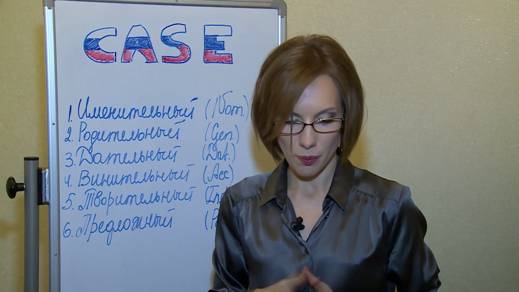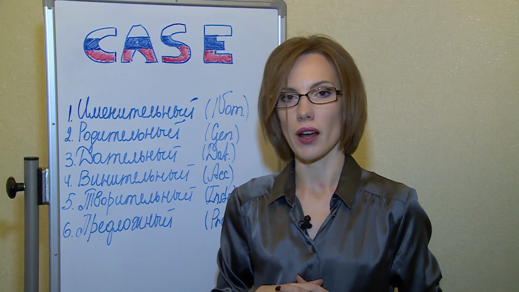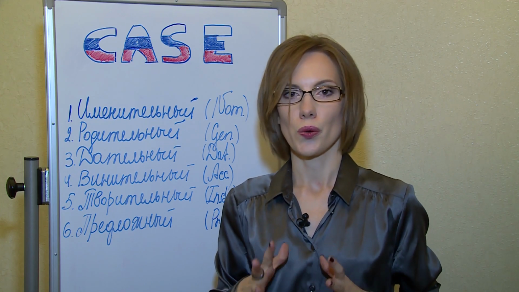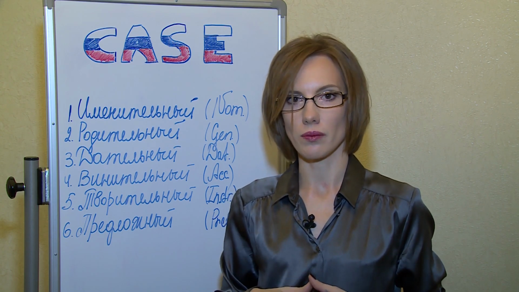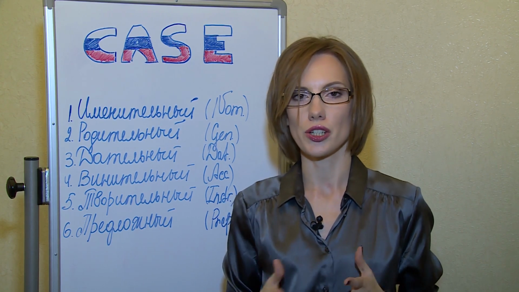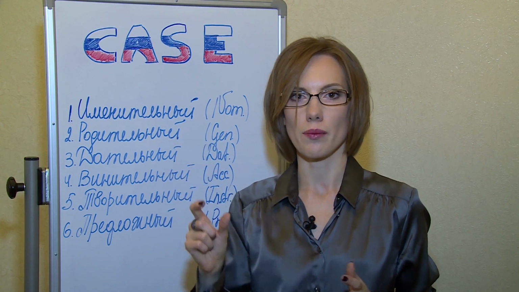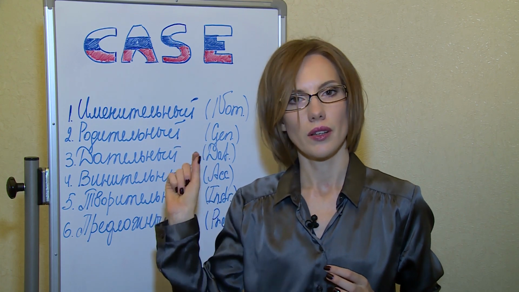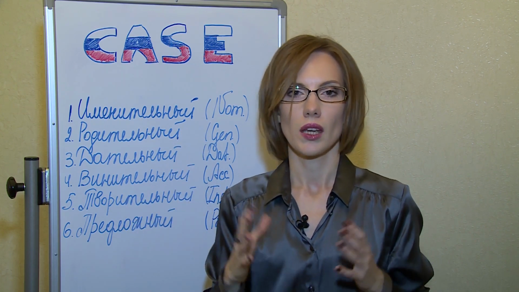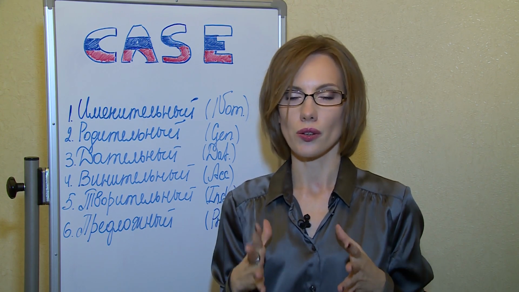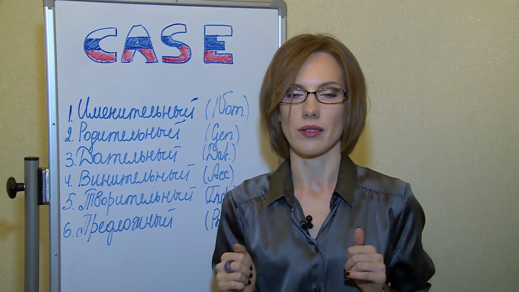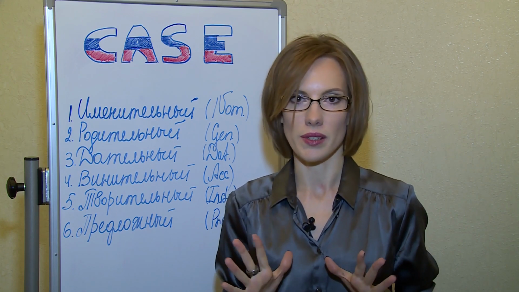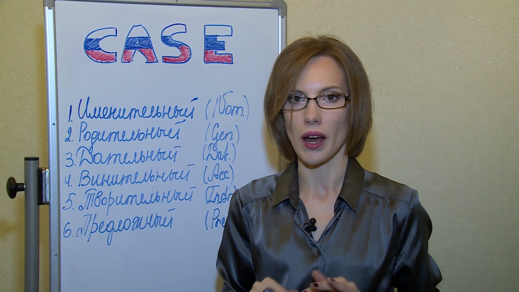First, it marks the grammatical functions of nouns which are indicated by word order in English, that is, subject, object, indirect object. In a Russian sentence, you can move the words freely and the meaning will be the same. The meaning will be unchanged.